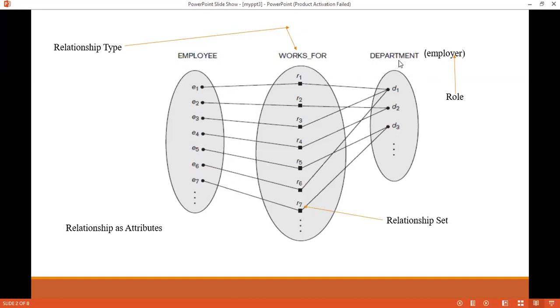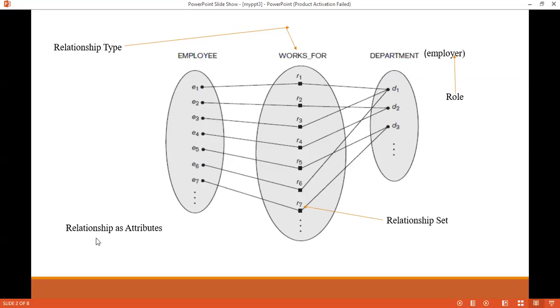He is employing some employee. He is an employer to some employee. Hence, we can conclude that this department is having a role name employer. Similarly, employee is having a role name worker or just an employee. These are role names.